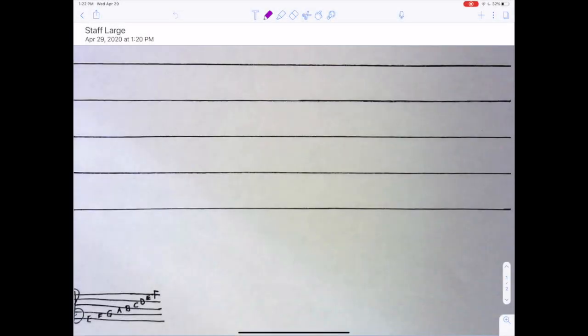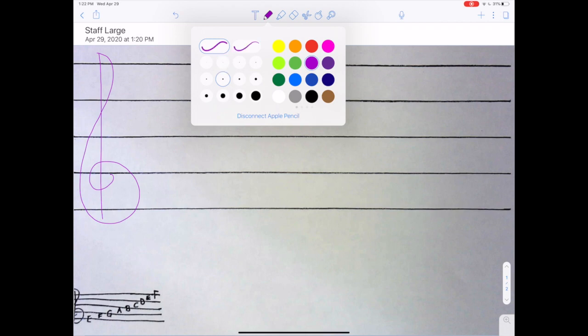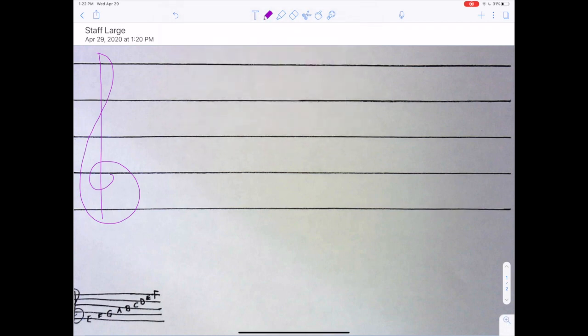Here in front of us is a music staff, and we have just gone over singing the names of the lines and spaces. Let me put a treble clef at the beginning of my staff, and I want to review what each of the lines are.